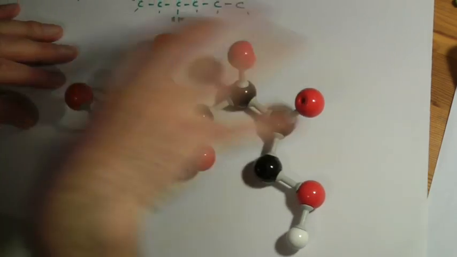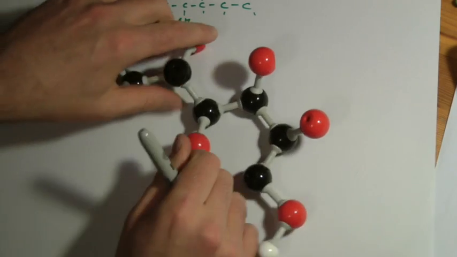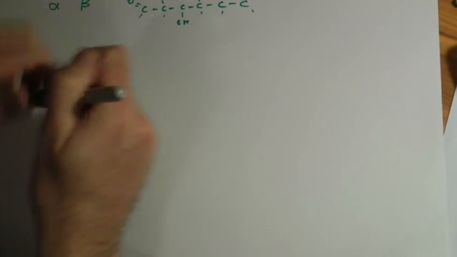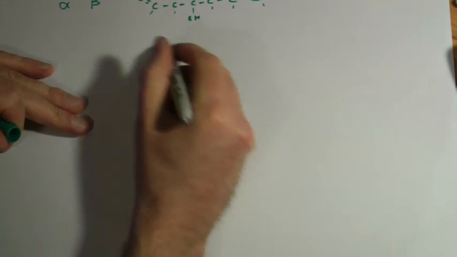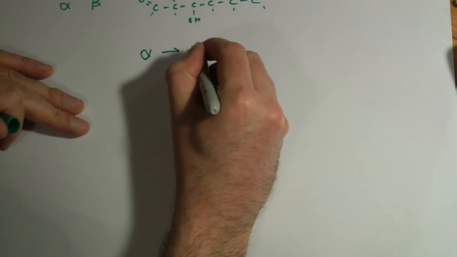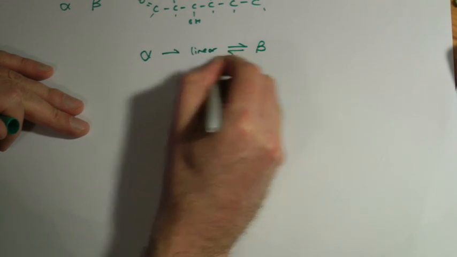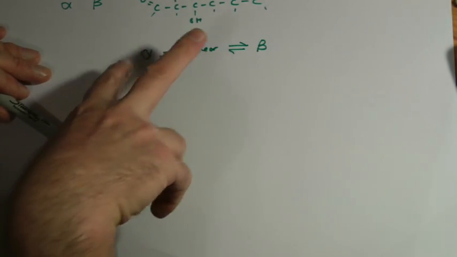Now you won't have to remember this linear structure, but the reason I'm putting it in here is that glucose molecules can flip between the alpha form, the linear form, and the beta form, and it can move between these different shapes, and in fact it does.